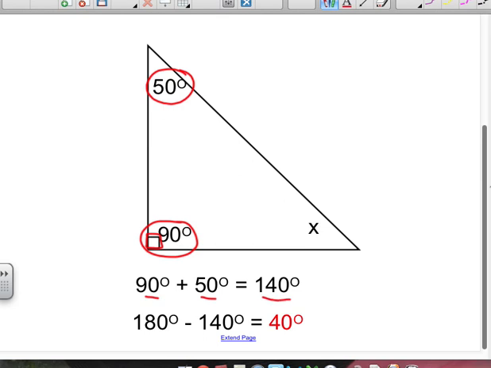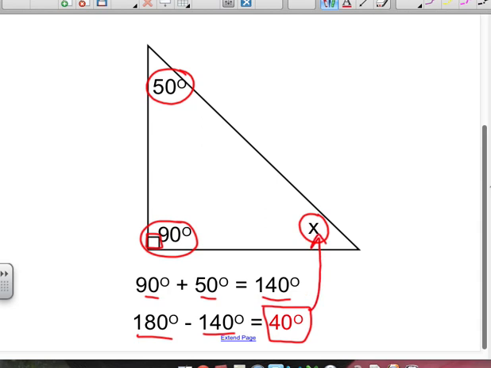Now, if I'm trying to find the value of this missing angle here, angle X, what I do is take the 180 degrees, the sum of all 3 angles put together, and subtract off the 140 degrees that I just calculated with the 90 plus 50. 180 degrees minus 140 degrees leaves me with 40 degrees, and that is the missing angle measure.